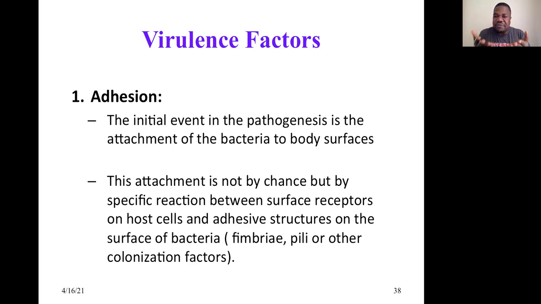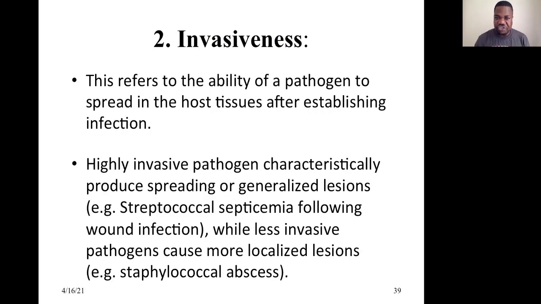It consists of attachment and fusion, and this attachment is not by chance. It depends on specific adhesins, like we spoke about fimbriae, pili, or other colonizing factors that facilitate the adherence and help microorganisms attach.